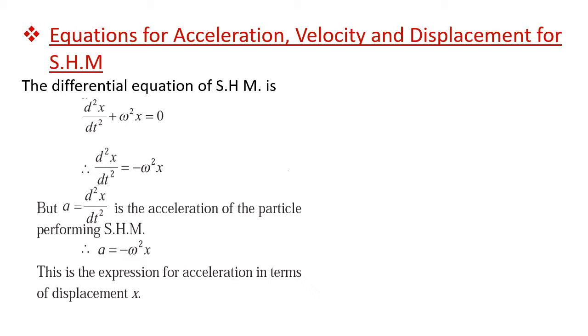We are aware that d2x upon dt square is nothing but the acceleration of the particle performing simple harmonic motion. So we can write A is equal to minus omega square x, and this expression is the expression for acceleration in terms of displacement. Here x denotes the displacement of the particle.